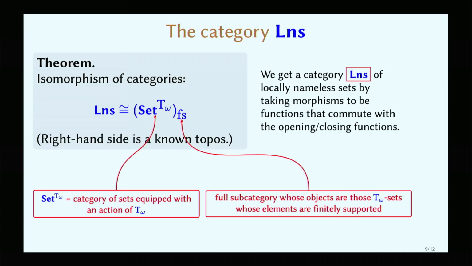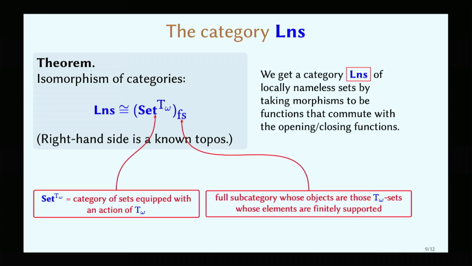So that's an example of a pre-sheaf category. And then we cut down to the full subcategory of objects which are T omega sets where every element in the set is finitely supported. And there's a standard definition of finite support for actions of function monoids on sets. So that's an existing thing.